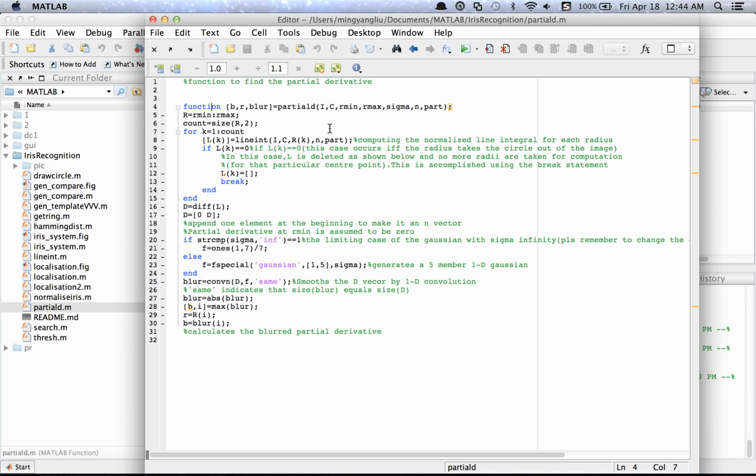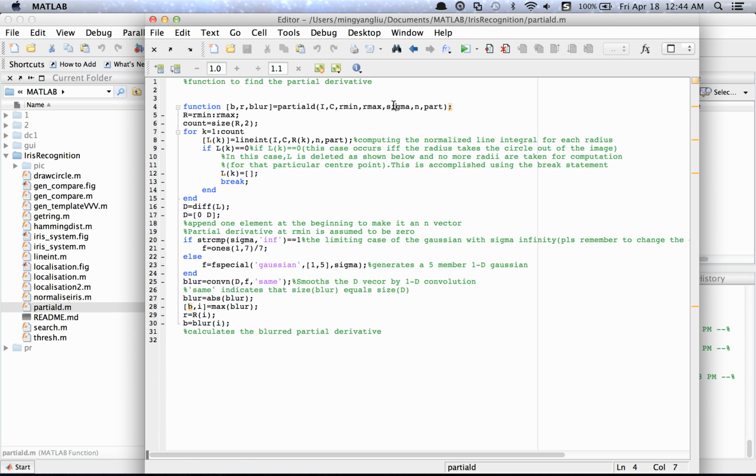You can see the input parameters include the image, the center coordinates, the max and the minimum radius values, and the number of size, and the part is used to specify whether it is searching for the iris or pupil, and we need to pay attention to the sigma.